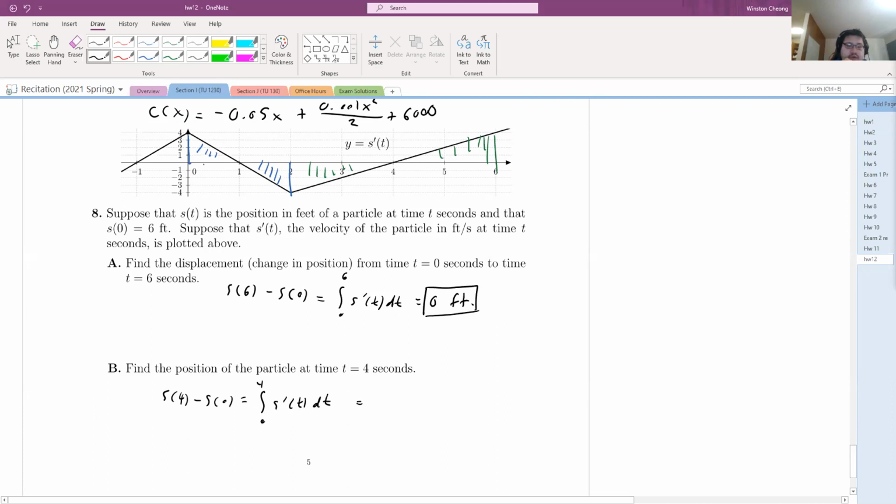From 0 to 4, this time we don't fully cancel. So we end up with negative a half times 2 times 4, so that's negative 4. We end up with a displacement of negative 4. S of 0 is 6, so S of 4 is going to be 6 minus 4. So we end up with 2 feet. This is the position that you end up at for t equals 4 seconds.